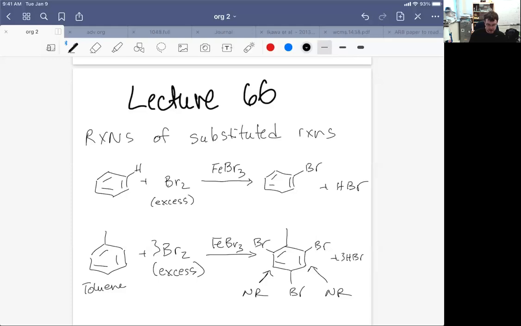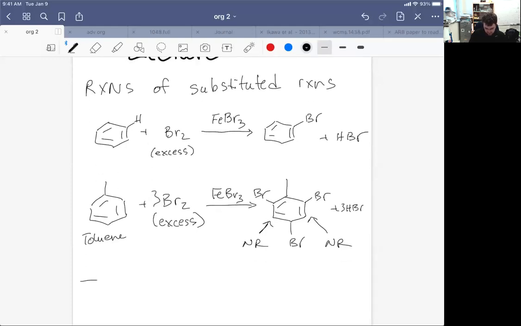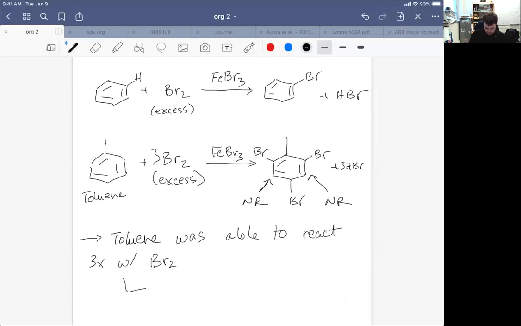And so what we say is that, well, toluene was able to react 3 times with Br2. It sort of overreacted with Br2. We couldn't get it to react just once. Okay, so that's interesting.